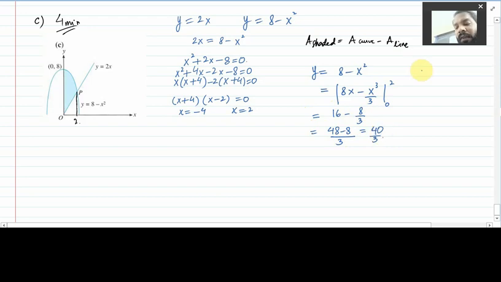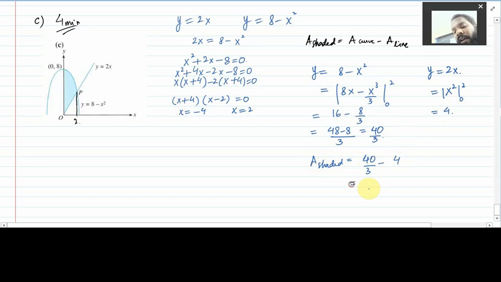For area of line, the line we have is y equals 2x, right? If I integrate, that will be 2x square upon 2, left with x square, and the limits we have are from 0 to 2. The upper limit 2 square is 4. Now the shaded area we decided earlier is area of the curve, 40 upon 3, minus area of line, that is 4.